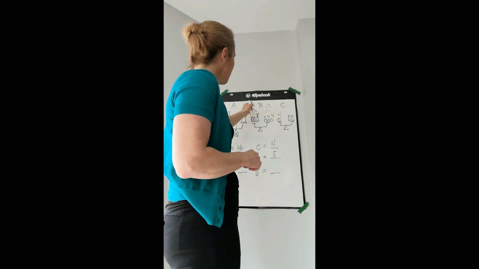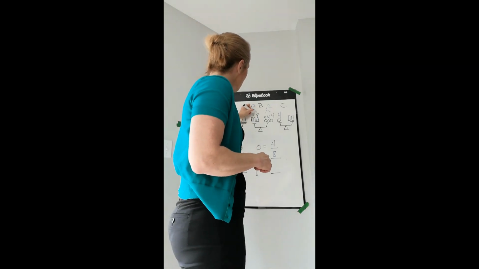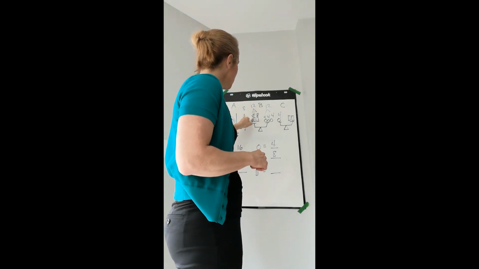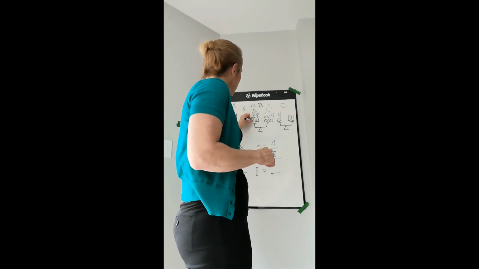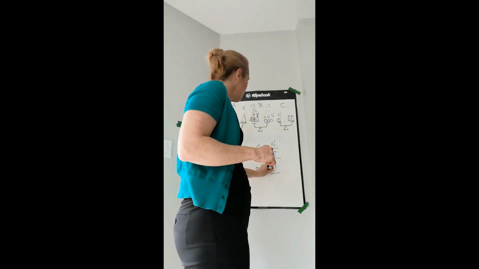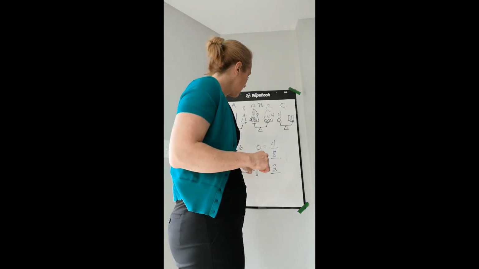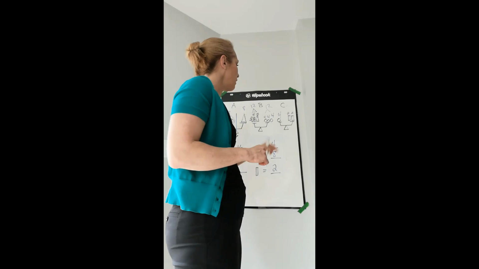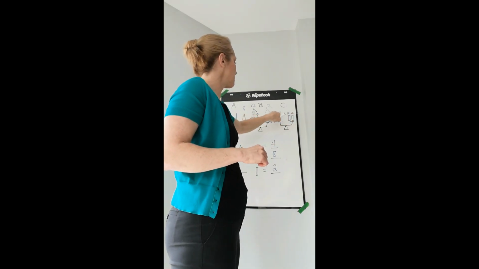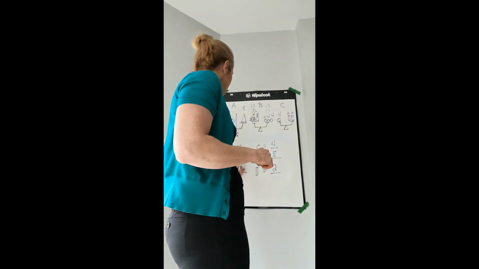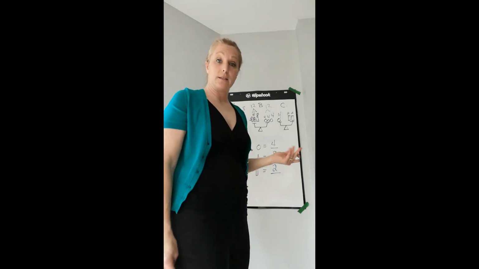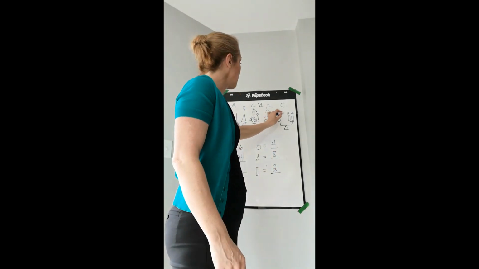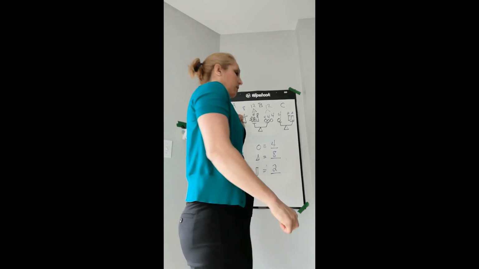All right, so I can take the 8 away. This leaves me with 4 to split between these two. So each one has a value of 2. If the rectangular piece is 2 here, well, it's surely going to be 2 over there. And look at that, 2 plus 2 is 4. All I have left is the value of the entire balance for C. 4 plus 4 is 8. That is how algebra works.